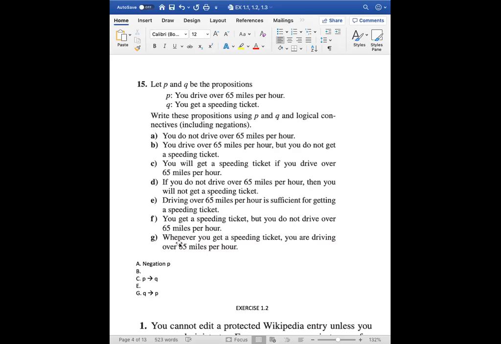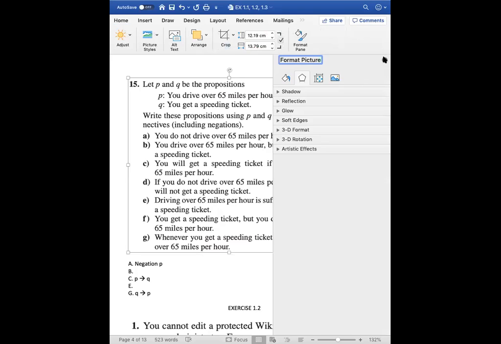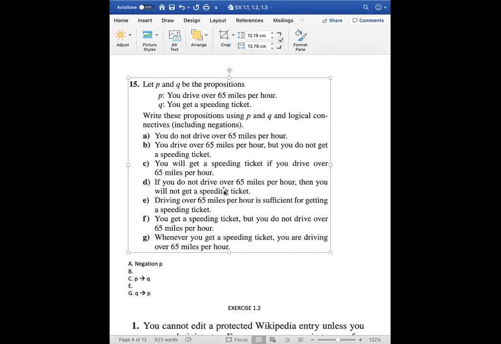So in order to determine the propositional statement for an English sentence, you need to basically look out for some words in that English sentence. For example, we have words like whenever, we have words like if, then, we have words like and, or. These are mentioned in your slides.